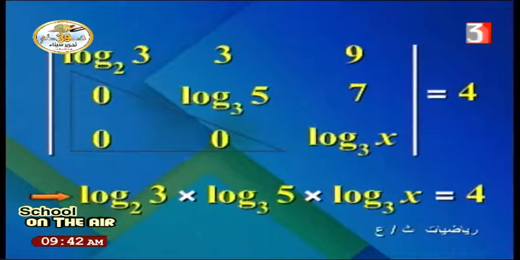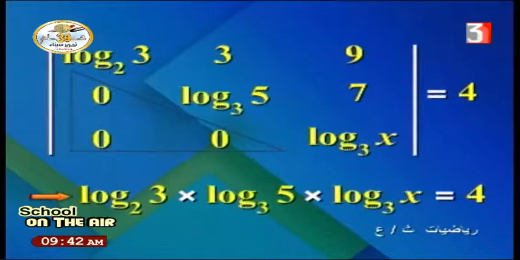Then from previous studies, from the logarithm rule, log 3 base 2 equals log 3 over log 2. Log 5 for base 3 equals log 5 over log 3. Log x for base 3 equals log x over log 3.